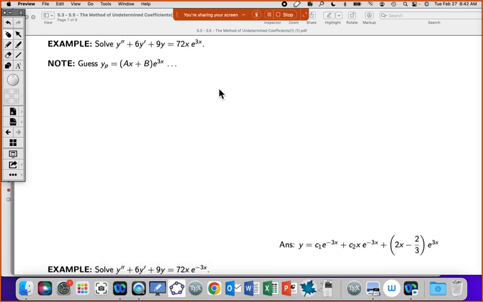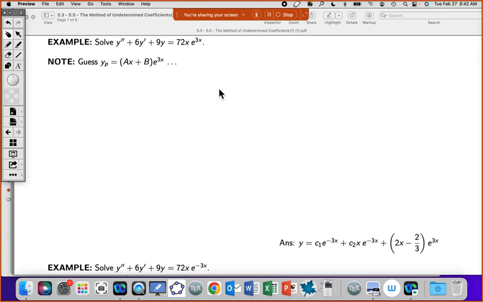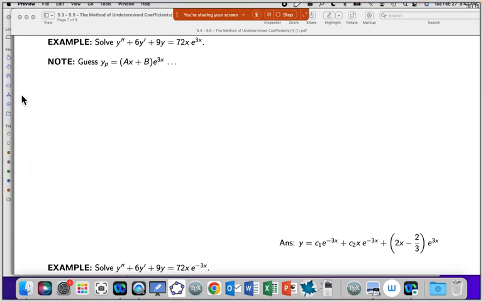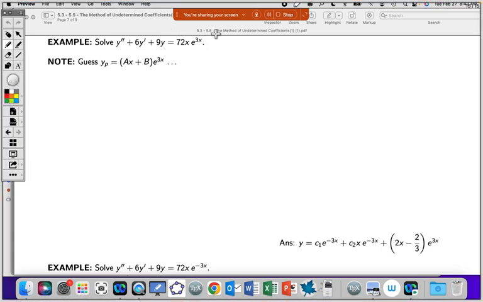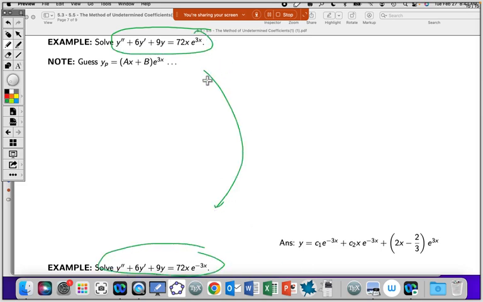Now, once again, this is a classic Carl problem right here. Here's the one we just talked about. Here's this one here. What's the only difference between these two? The f of x has an e to the minus 3x in it. So we have the same left-hand side for the diffie-q.